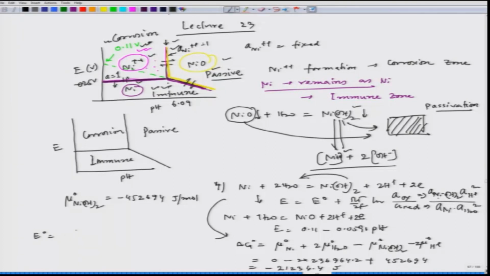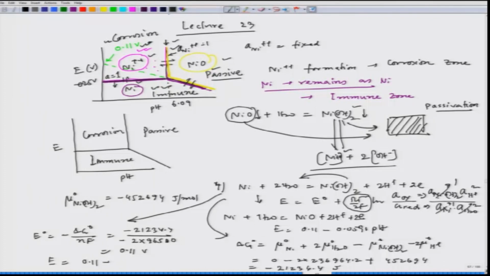So E0 would be equal to minus 21234.4, n is equal to 2 and F equal to 96500, with a minus sign. So, this becomes 0.11 volt. So, for this reaction you get E0 like this, and E would become 0.11 minus, if you do the simplification, this goes to 1, this goes to 1, this goes to 1.